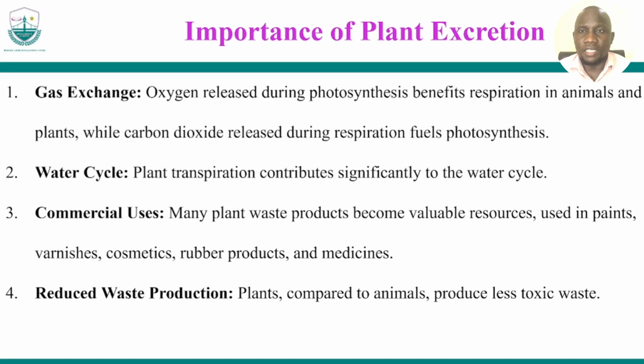We have seen that these simple mechanisms are useful because they enable the plant to get what they want, especially the gases that they want. Processes like transpiration also contribute to the water cycle, and we can also use some of the waste products in different ways. For example, some of these waste products in plants can be used in paints, in varnishes, in cosmetics, producing medicines, and also rubber products.